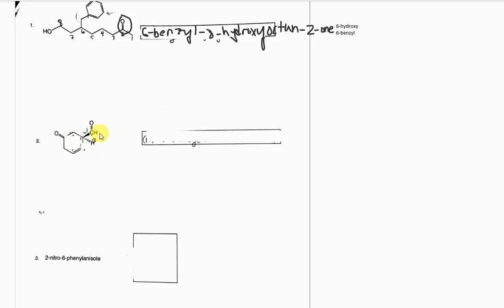So this is going to be 1. This is going to be 2. This is going to be 3. This is going to be 4. Right? And our hydrogen is on a dash, so we don't have to worry about that. And so if I go 1, 2, 3, right? This is R. Okay?